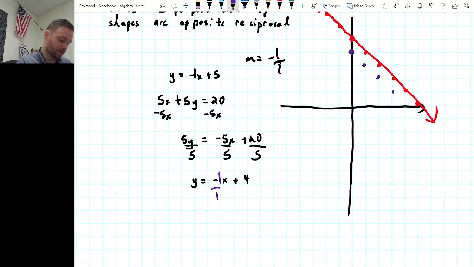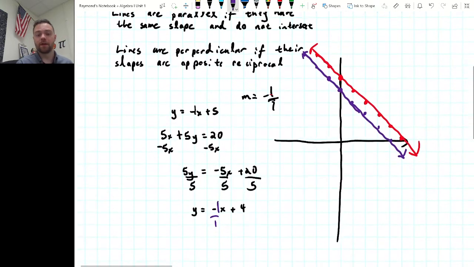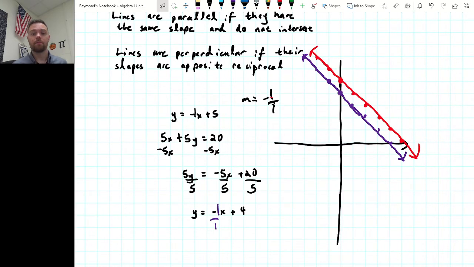And so if you take a look here, both of these lines have the same slope. They have the same coefficient on x, but they have different y-intercepts. So they'll never intersect. So these lines are parallel.